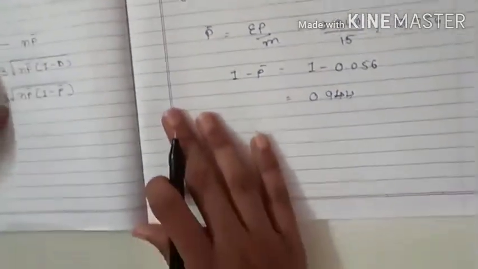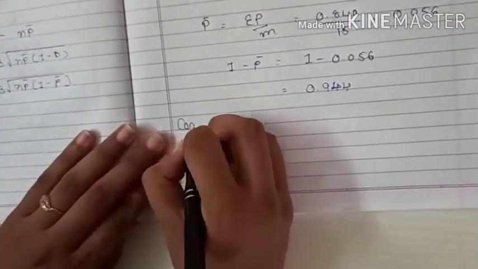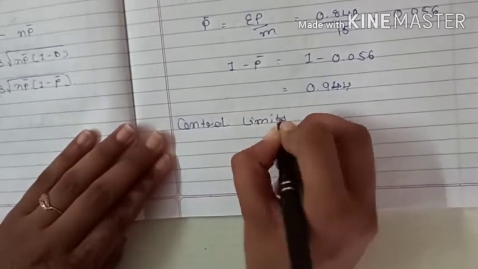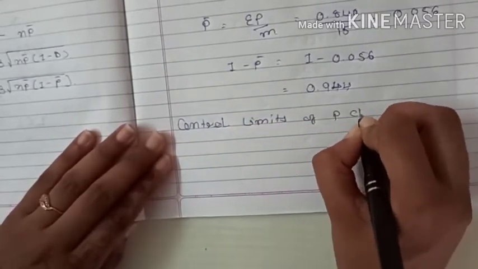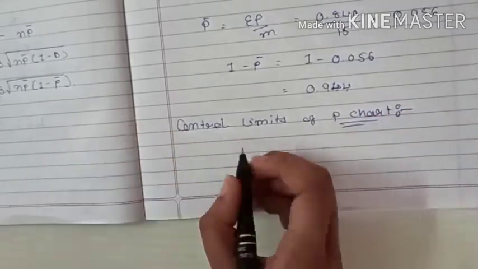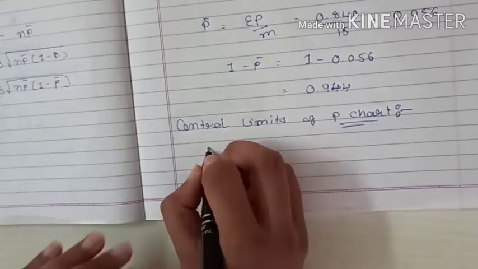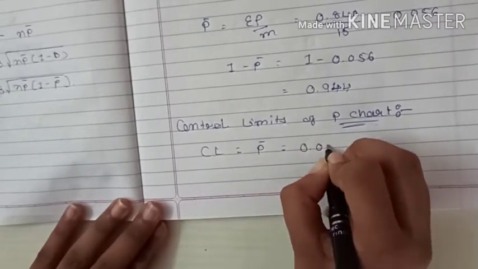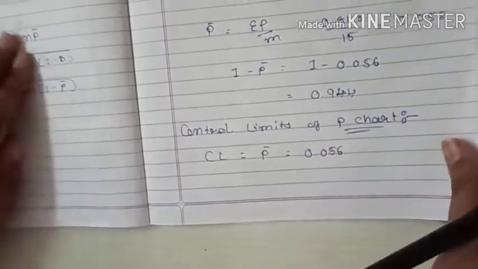Let's find out the control limits of the P chart. The central line is equal to P bar. P bar is equal to 0.056.